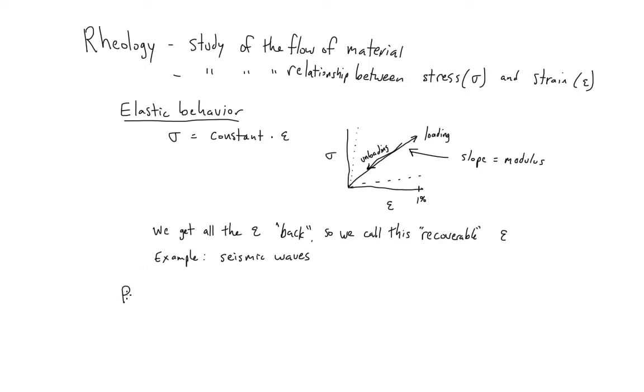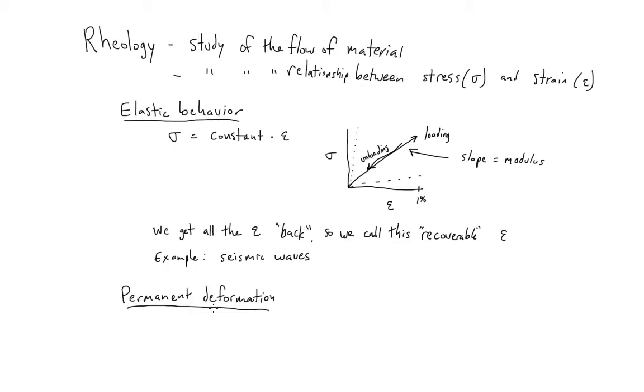We'll be talking more about permanent deformation. Maybe another analogy we could use here would be a paperclip. If you lightly bend a paperclip and let go, it snaps back to how it was before. That's elastic behavior. But you can also really crank on it, and it won't go back.